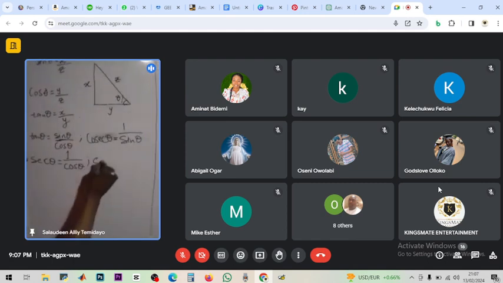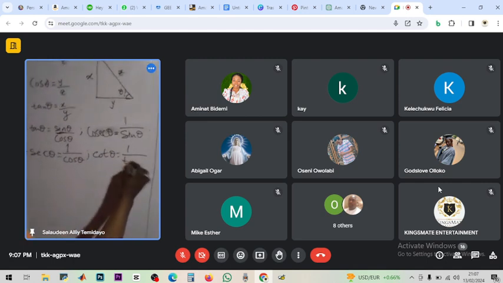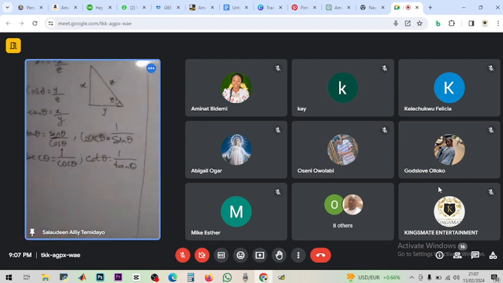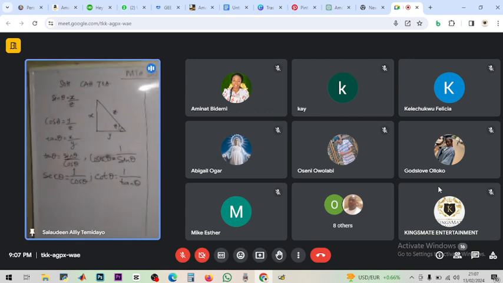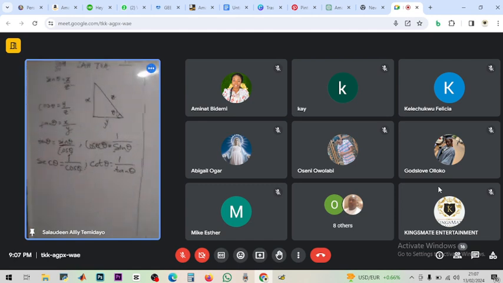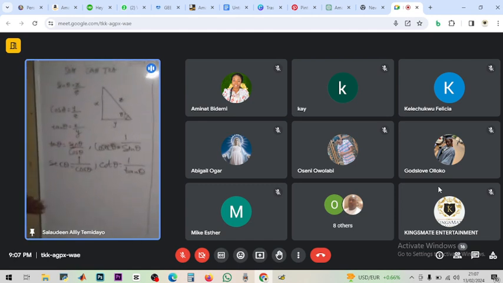Cot theta equals 1 over tan theta. So these are the trig ratios. We still have more, but for the trig ratios here, these are what we have.